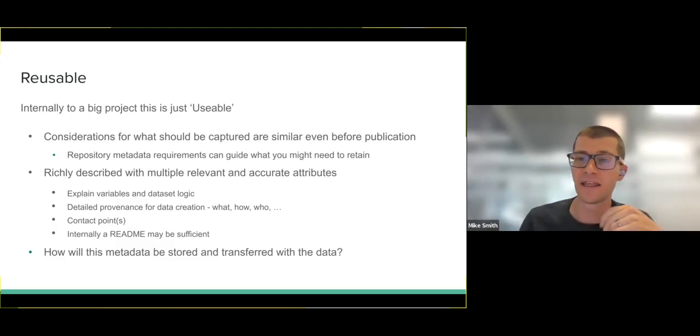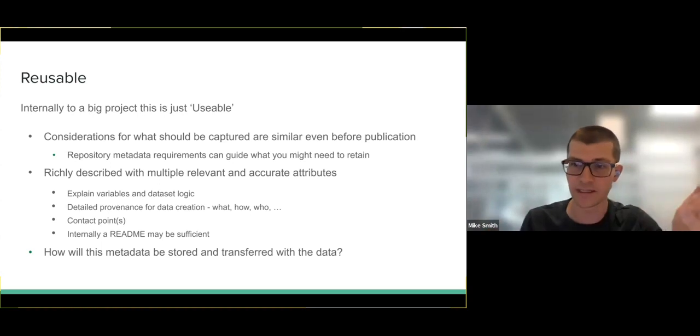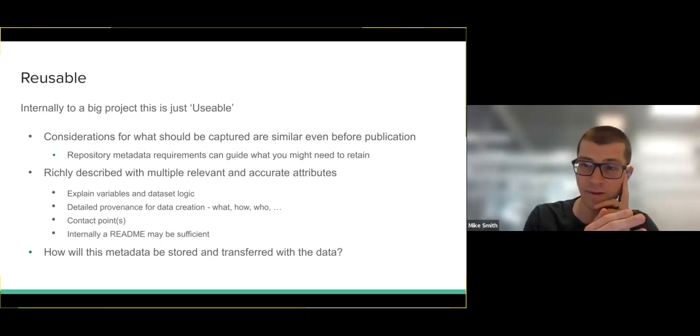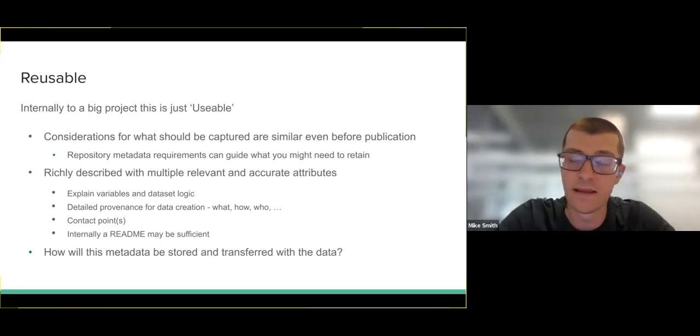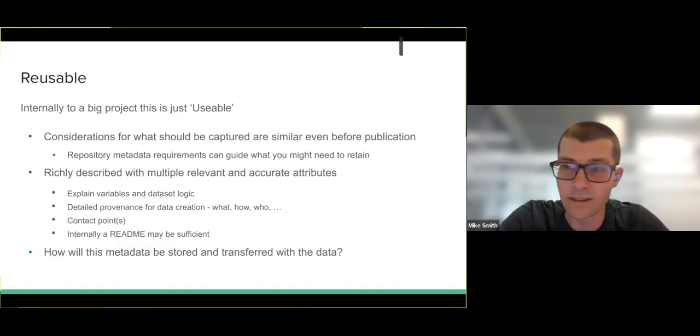But I think the actual considerations here are very similar to what you would be considering for the point of publication. And you want to think about them right at the beginning of the project. So you want to think about what provenance information do I need to capture?